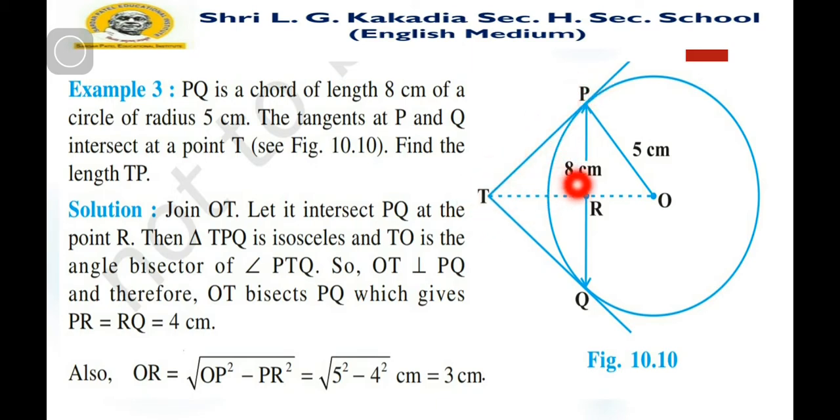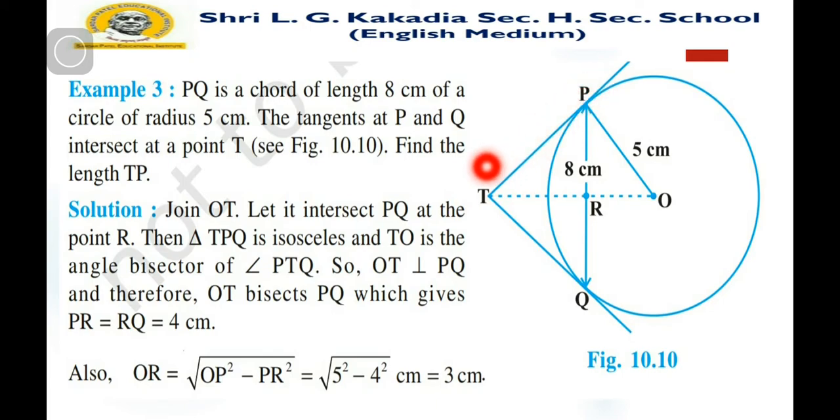Angle PTR and angle OPR are equal, since angles PRT and PRO are right angles, so the other angles TPR and POR will also be equal. So both the triangles are similar, and by that way we can find TP.